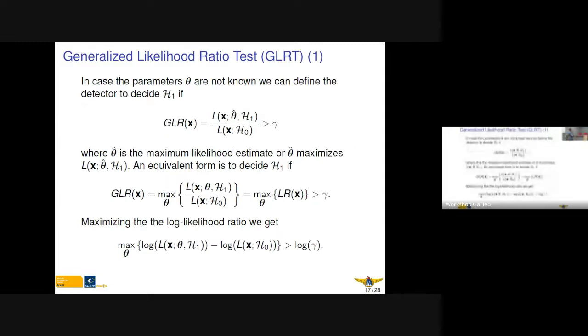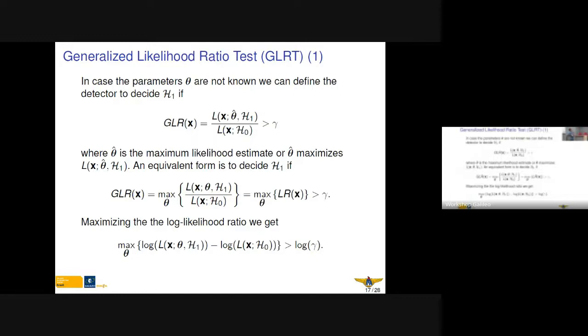Yeah, that is the case where the parameters are known. In case the parameters are not known, we have to move to the generalized likelihood ratio test, called the GLRT. Then we combine the estimation with the detection problem.